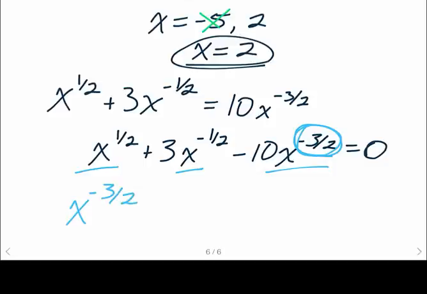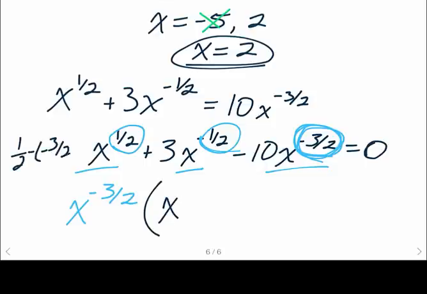And what this means is I'm now going to be subtracting a -3/2 from each of the exponents. Subtracting a negative looks a whole lot like adding. So we're going to end up with x to the 1/2 minus a -3/2.